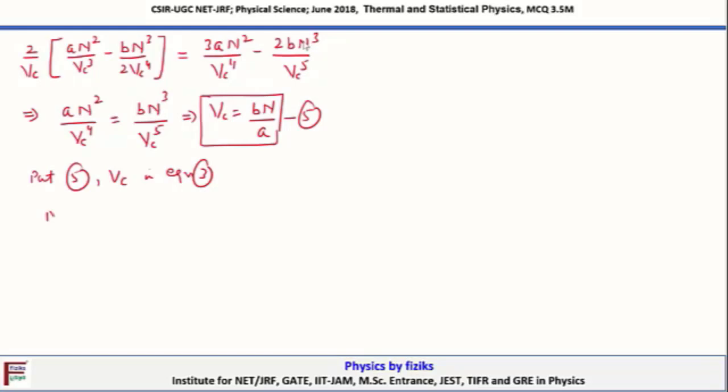nkTc divided by Vc square, which is equal to this expression.